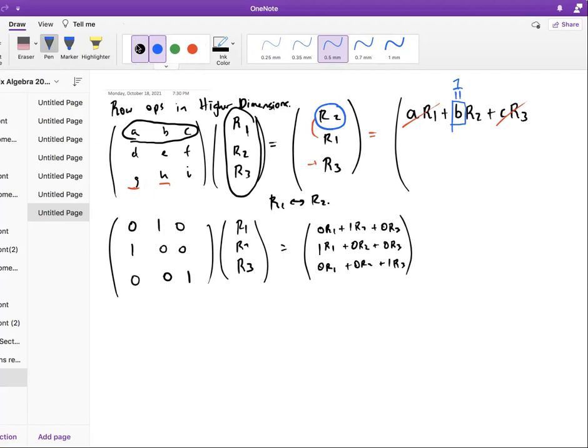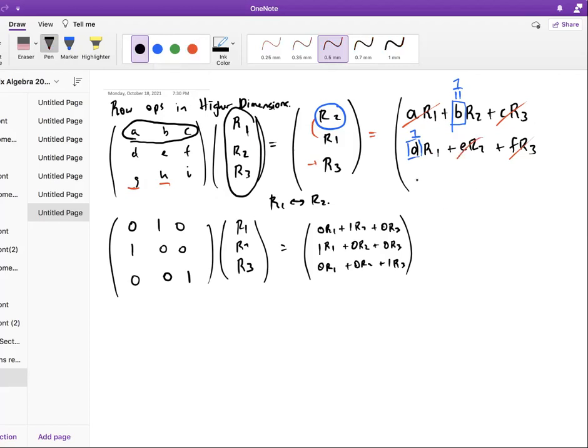So similarly, we can do it with this one. So D row 1 plus E row 2 plus F row 3. So we would want this to go away. We would want this to be 1, and we would want this to go away.